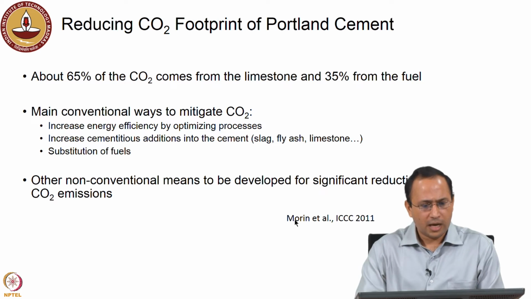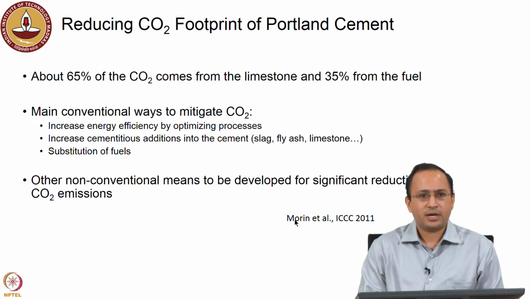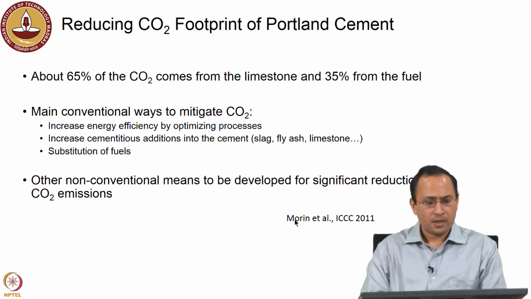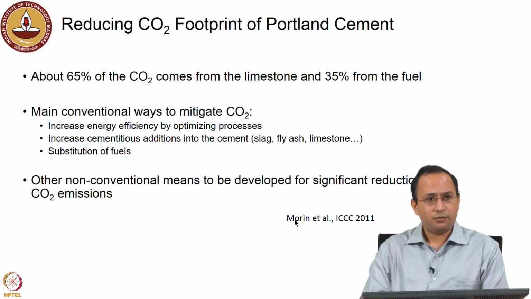So, how can we reduce the carbon dioxide footprint of Portland cement? We know that most of it is arising from the calcination of limestone. There are conventional ways of reducing CO2 emission, like increasing energy efficiency by optimizing processes. We can also increase the cementitious additions into cement.